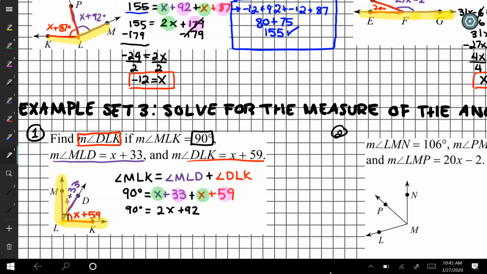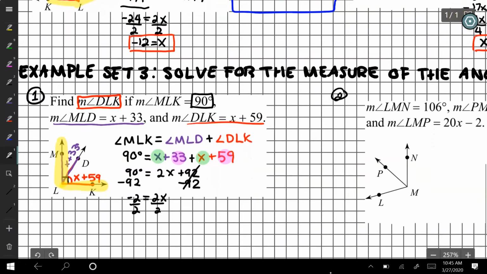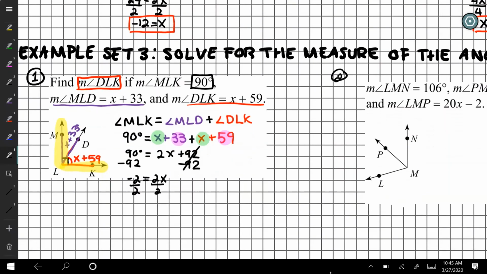We want to get x by itself. We're going to subtract 92 from both sides. That cancels. 90 minus 92 gives me negative 2 equals 2x. I'm going to divide by 2, both sides. Negative 2 divided by 2 is negative 1 equals x.